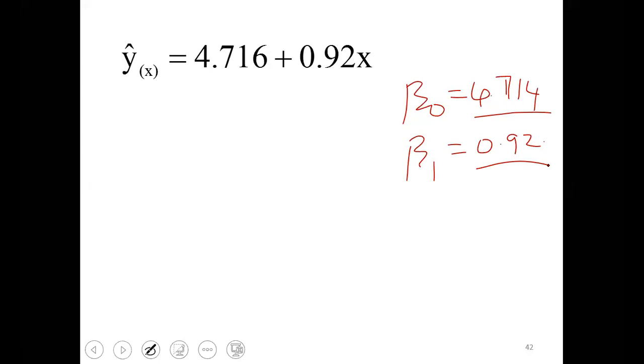Every 1 month increase in age, 0.92 kilogram of weight will be attained. Yeah, okay, that is good. Beta 1: when a child grows 1 unit, that means 1 month, the weight gain is 0.92 kilogram. Good. What is beta naught?